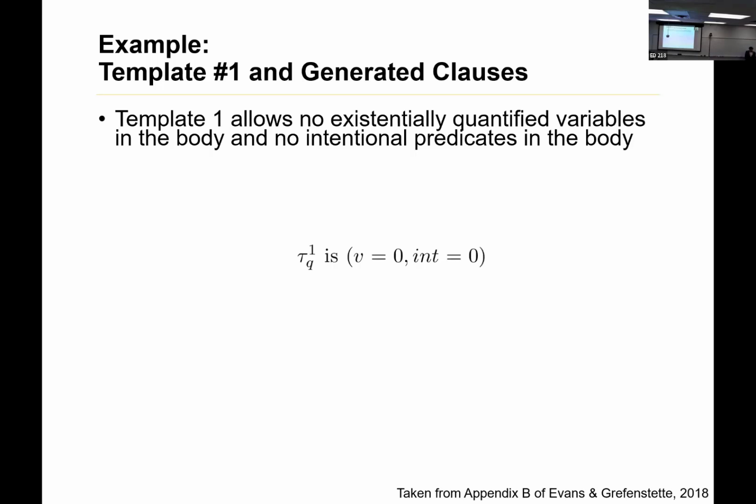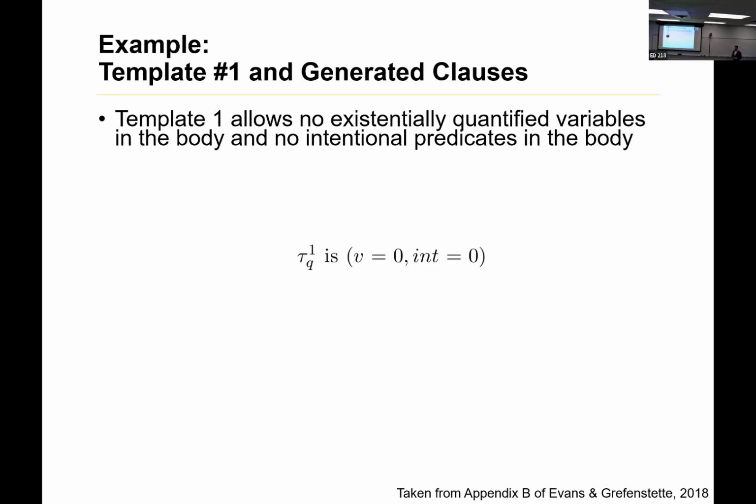In the notation from the paper, this is what it looks like. They have tau, and they say v is 0, and int for intensional predicates is also 0, and Q is the target predicate. The superscript is just an index, meaning this is the first template.